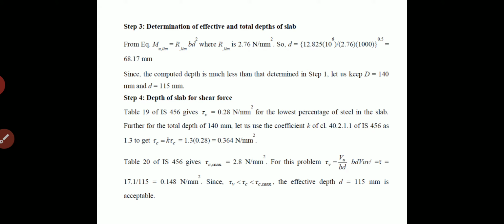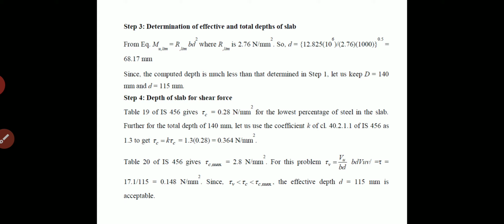Step 3: Determination of effective and total depth of slab. From the equation Mu lim equal to Ru lim bd square, where Ru lim is 2.76 Newton per mm square.